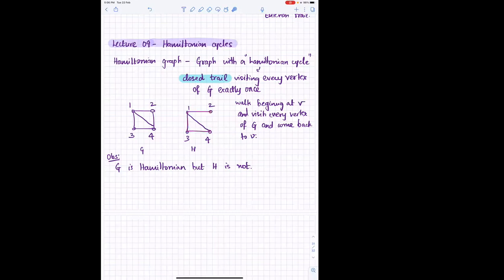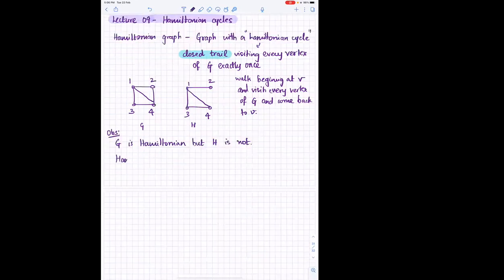So just like we have the notion of Eulerian trail and Eulerian paths, we have Hamiltonian cycle as well as a Hamiltonian path. So a Hamiltonian path is a path, or a sequence of vertices from, let's say, U to V that visits every vertex of G exactly once. So even here I must mention exactly once.